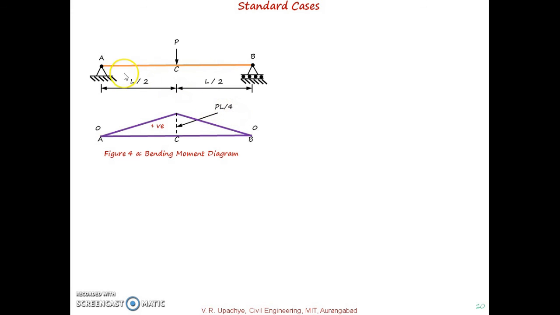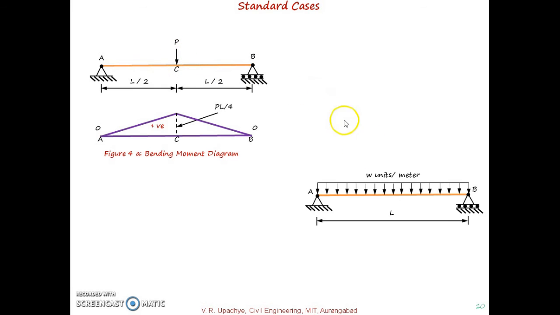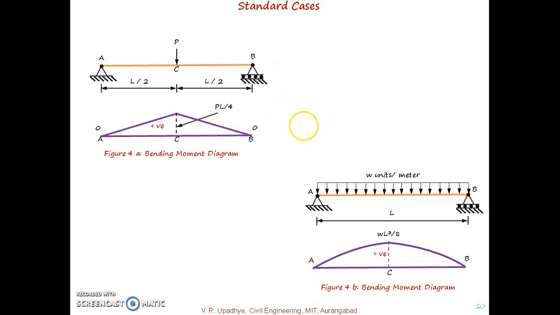Similarly, as we discussed in the earlier numerical, a simply supported beam subjected to UDL: we discussed this in module 2, SFD and BMD, that maximum bending moment will be at midspan and the value will be WL square divided by 8.